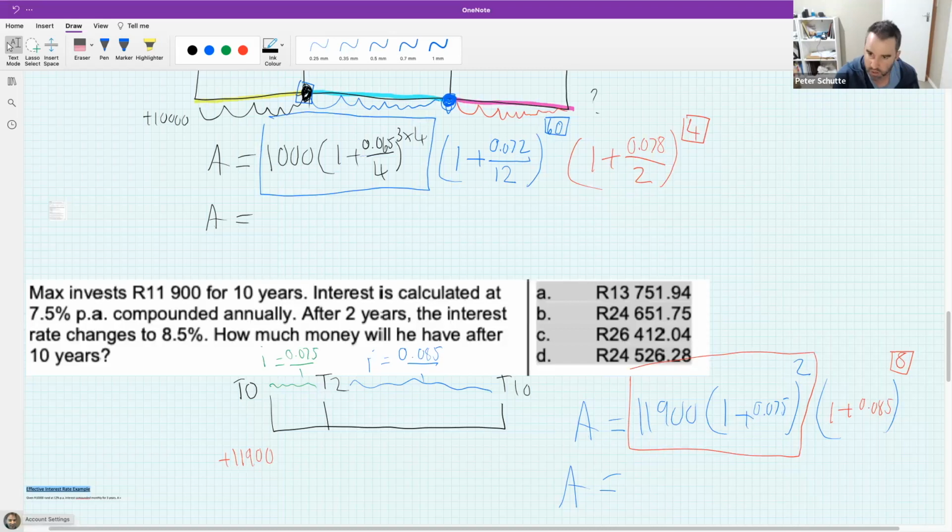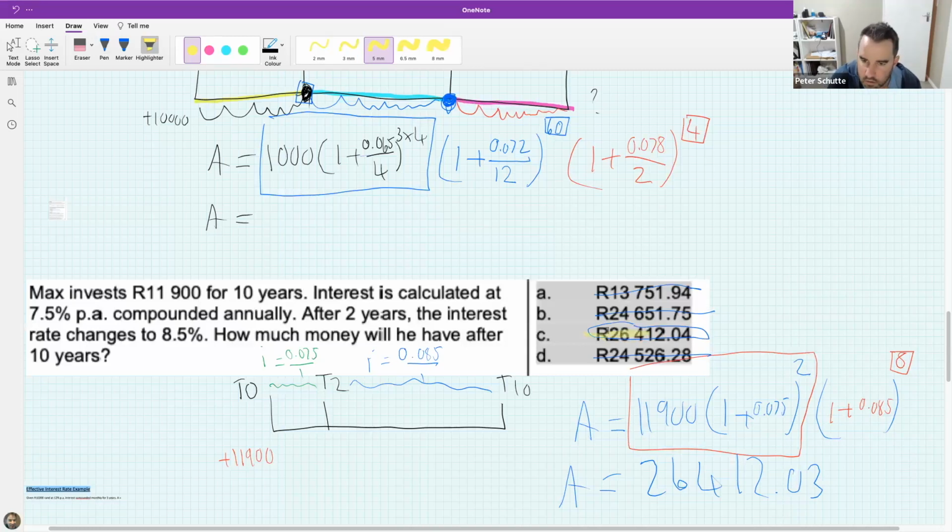To the power of 2, I go equals, so my life is a bit easier, times, open bracket, 1 plus 0.085, close bracket, to the power of 8, and I get 26412.03. Is there anything that looks like that? Well, it's not going to be that, it's not going to be that, it's not going to be that. There's obviously a bit of a rounding error, but it's going to have to be C. So C would be the correct answer.